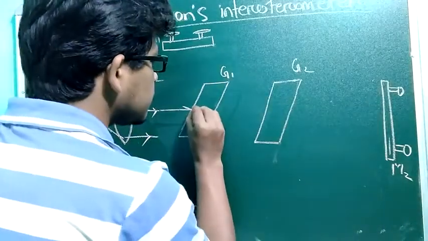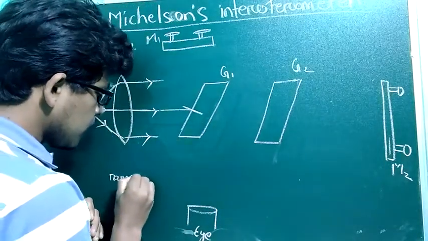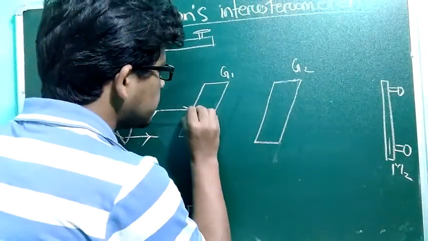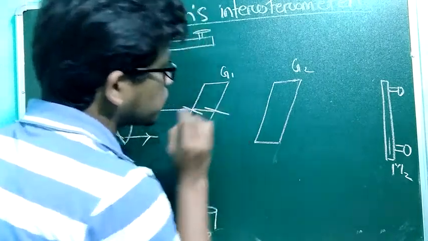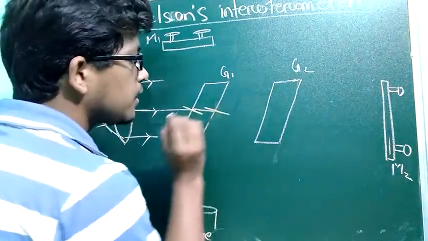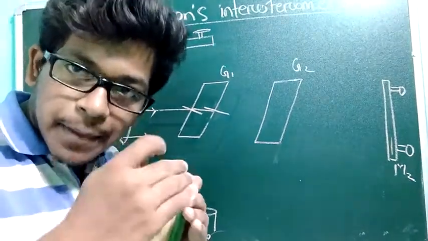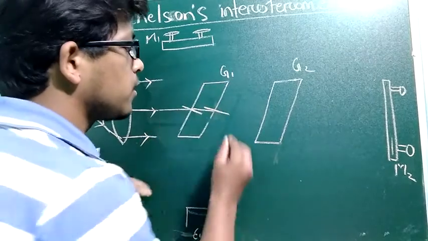So this is the normal, this is the rarer medium. The glass will obviously be the denser medium. So the light will bend towards the normal. So one more normal I need to draw here. Now what will happen? The light will go a little bit away from the normal, because light is going from denser to rarer medium.